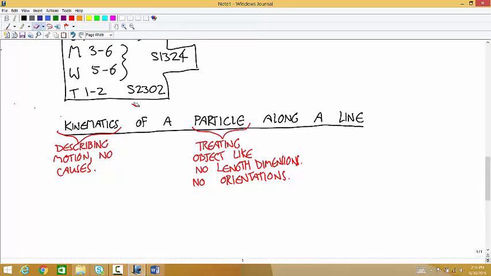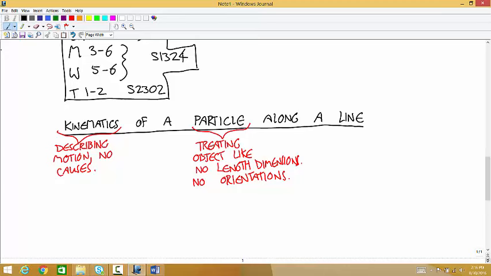And what you treat as a particle and what you don't treat as a particle has to do with whether you care about the orientations or not. You know, planets are very big things, stars are very big things, but in a lot of astronomical calculations, you treat them like particles because you just don't care whether the planet has the spot side up or the spot side down.